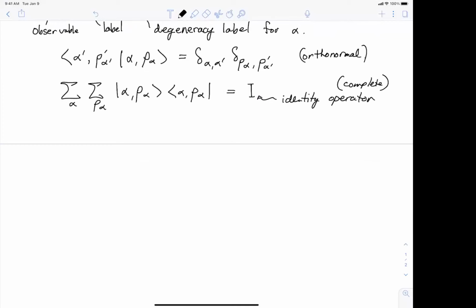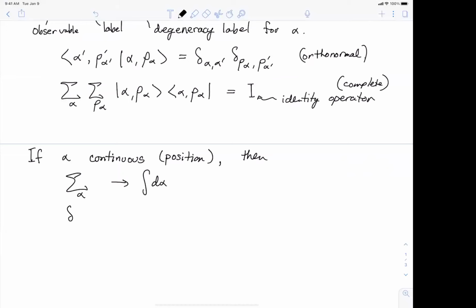Now, I mentioned this case of idealized states that you can't actually make norms of. And those tend to correspond to cases where alpha is continuous. So just because they're not technically legal doesn't mean we're not going to talk about them. For example, position. Okay, but then we just remember that instead of, say, taking a sum, everywhere you see a sum, instead you do an integral.